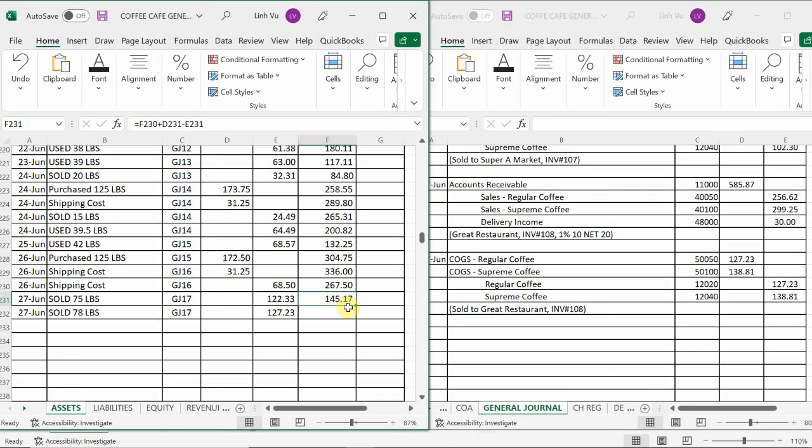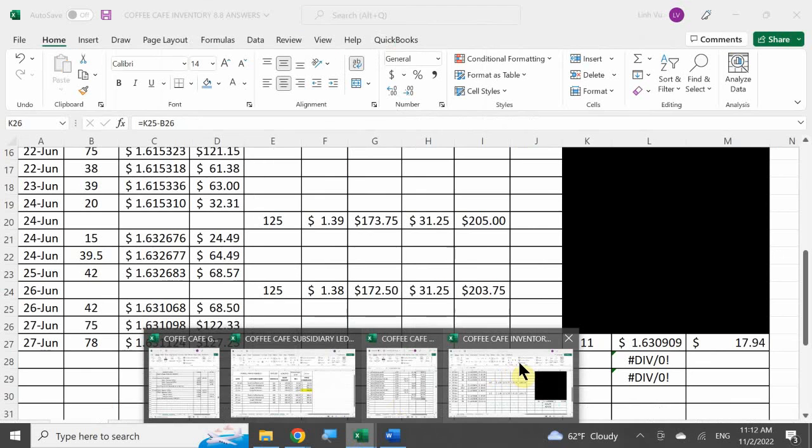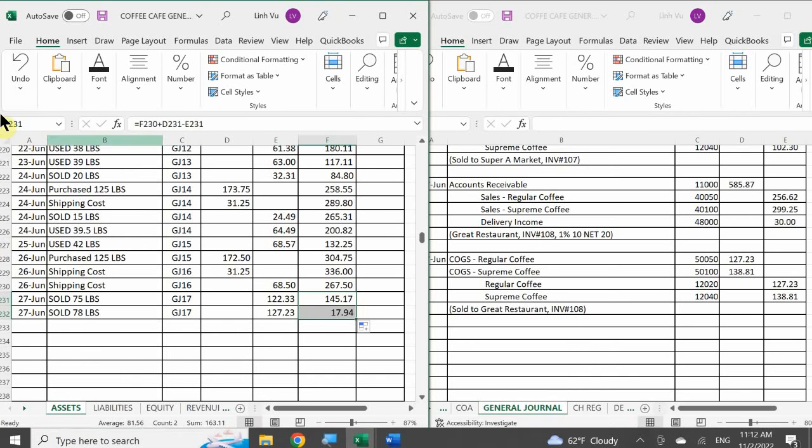That leaves you with $17.94. So 145.17 was the previous number. Okay, let's double check our inventory worksheet. Does that match? Yes, it does. 17.94.